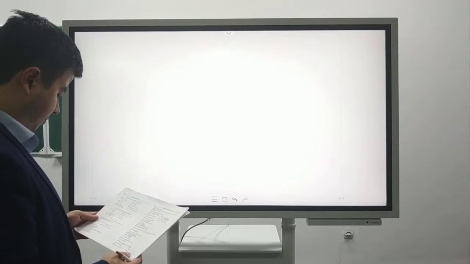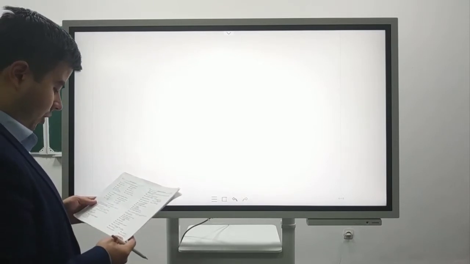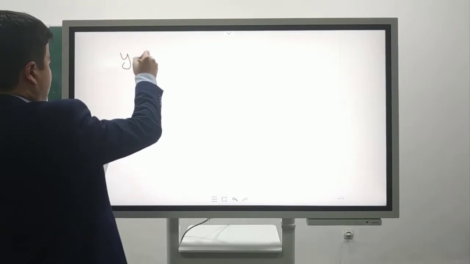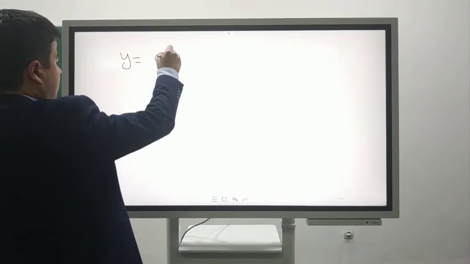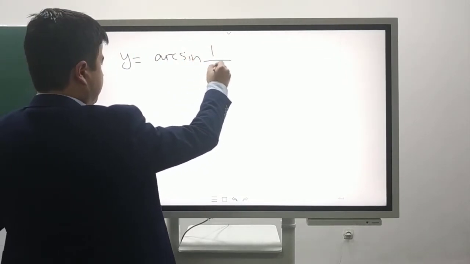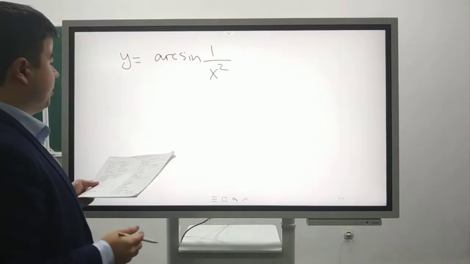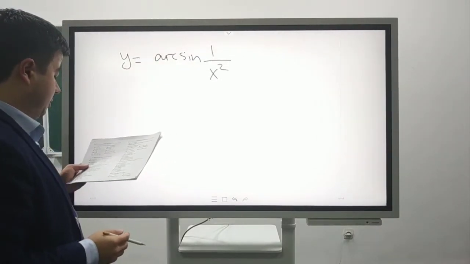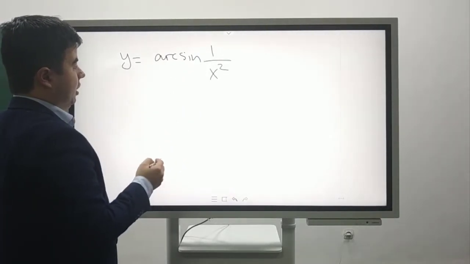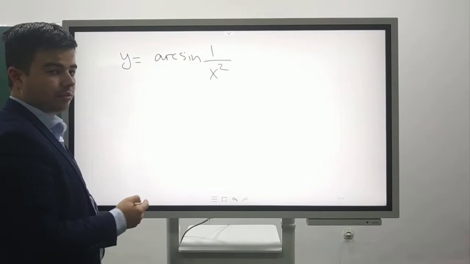For example, a composite function: y equals arcsine of 1 over x squared. Now here again the main one, the first function, is arcsine, and the second function is 1 over x squared.